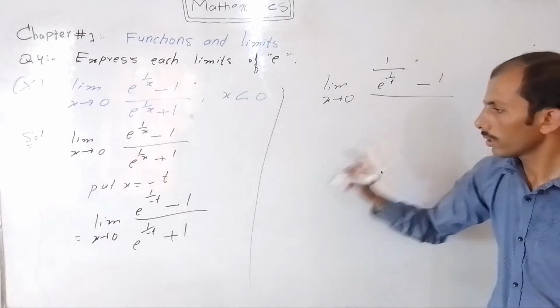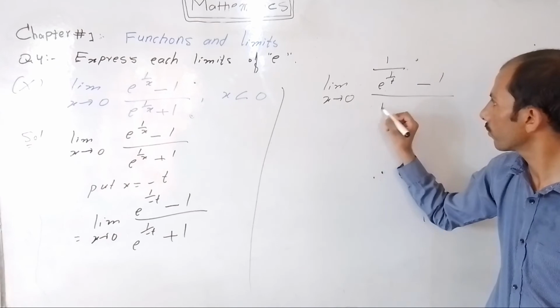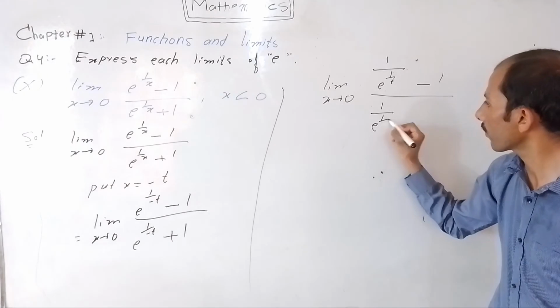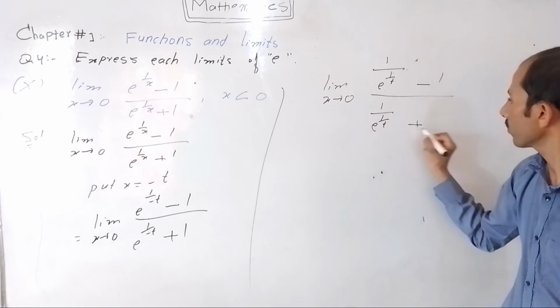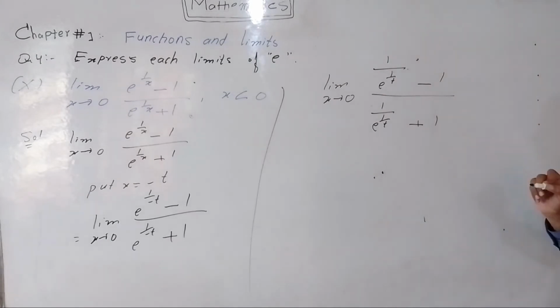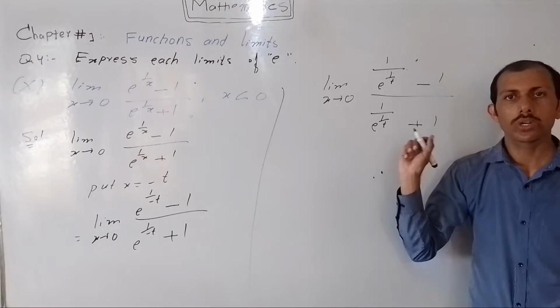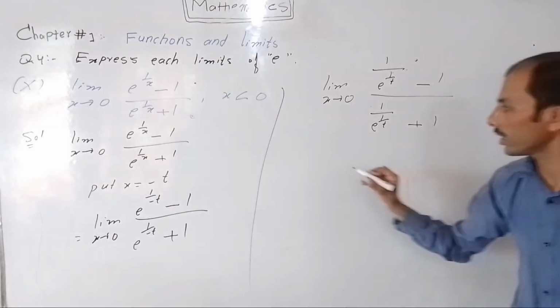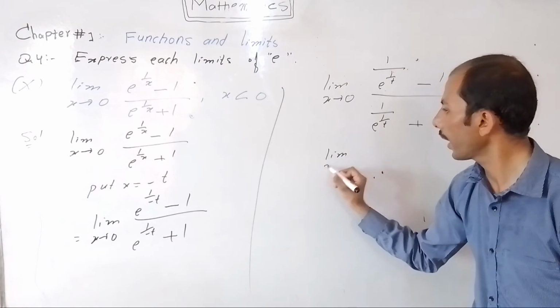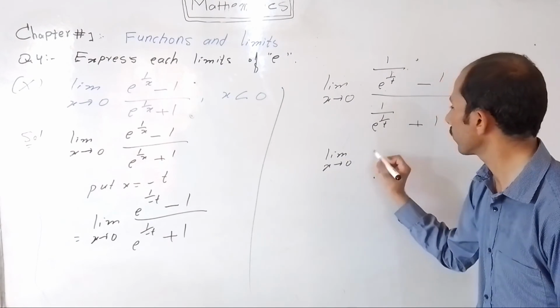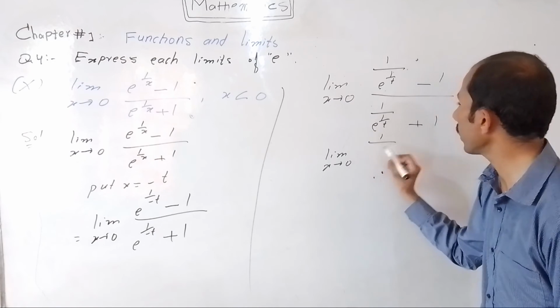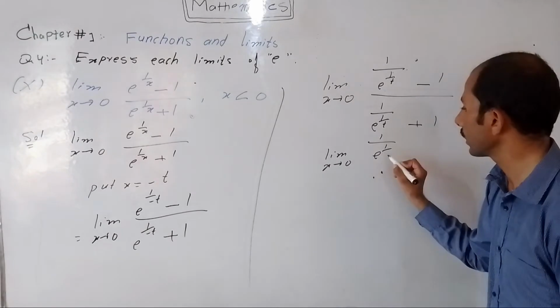Next, 1 divide e power 1 divide t plus 1. By using quotient rule of limits, that is limit x approaches to 0, 1 divide e power 1 divide.